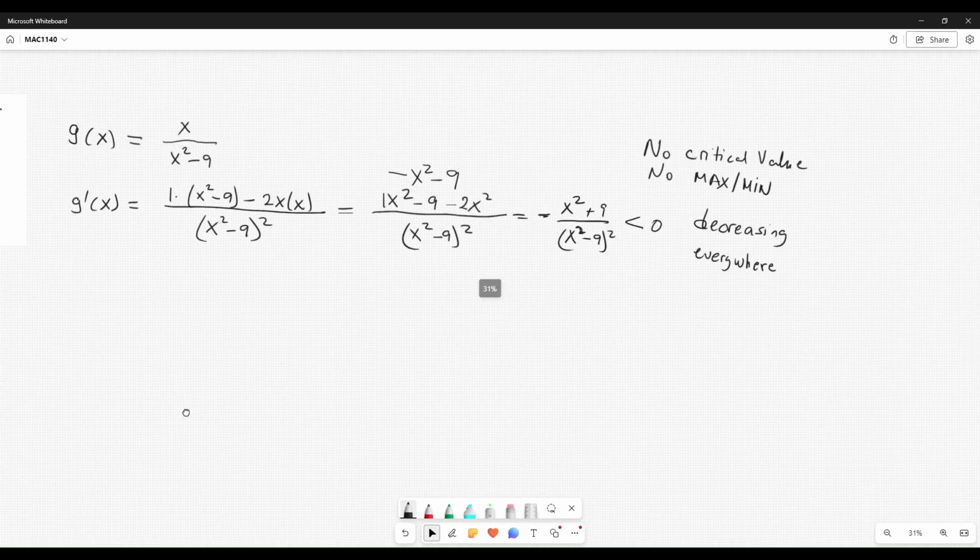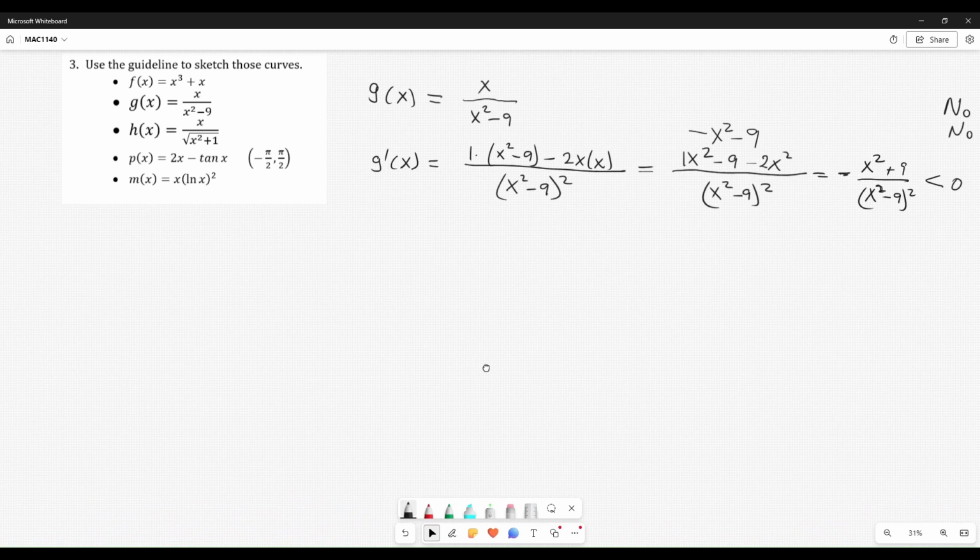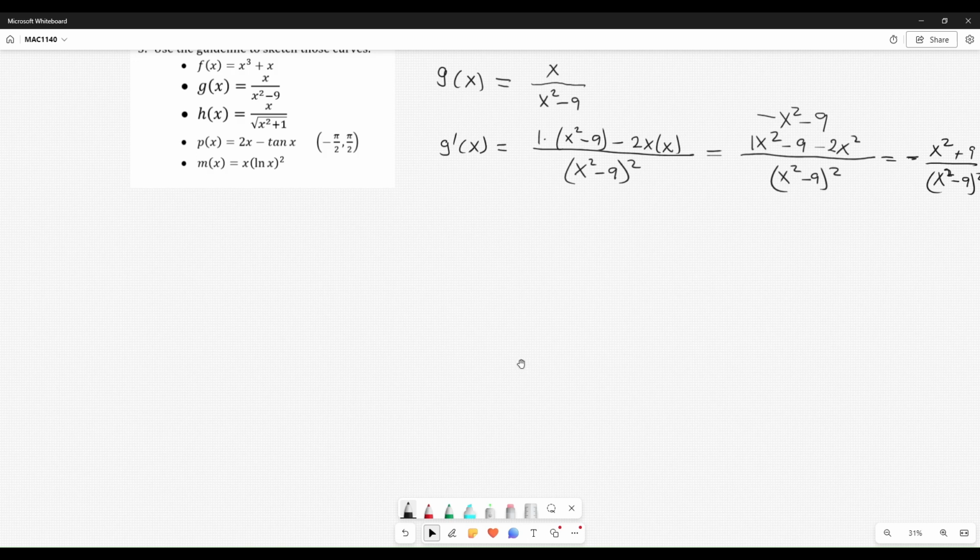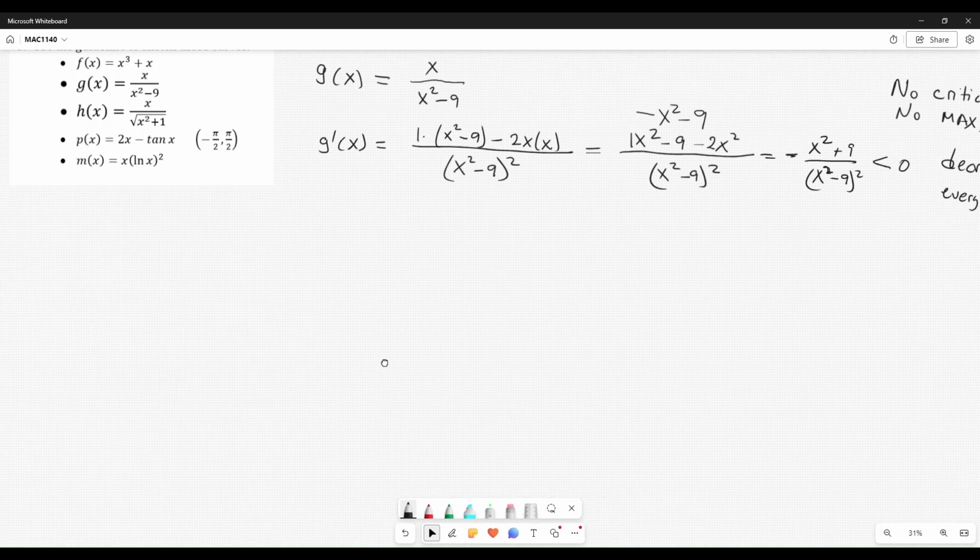But let's analyze the second derivative. The second derivative is more complicated. You take the expression for the first derivative. Let me copy it again. It's minus x squared plus 9 over x squared minus 9 squared.